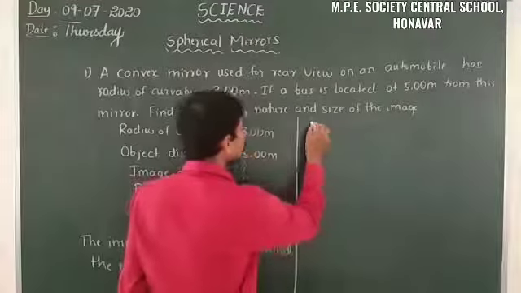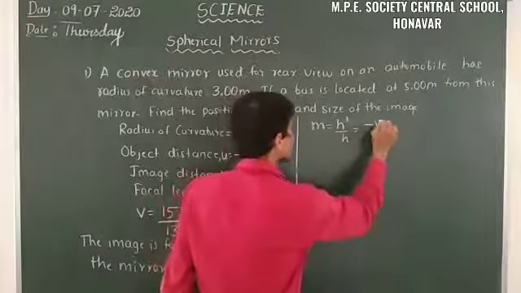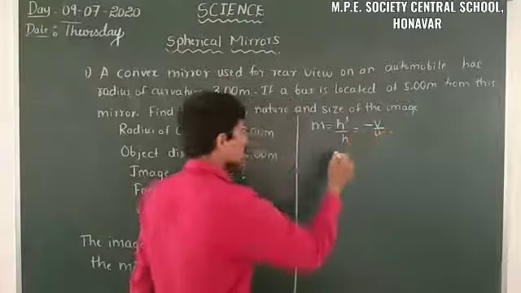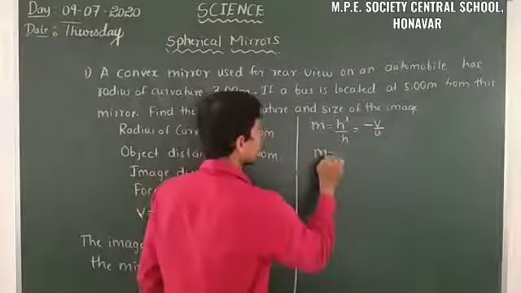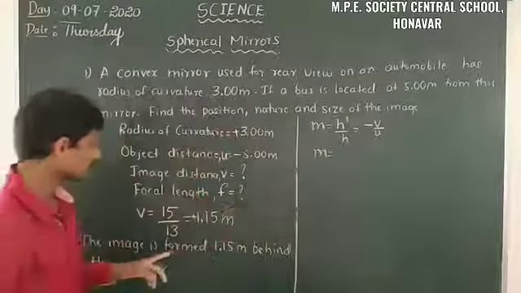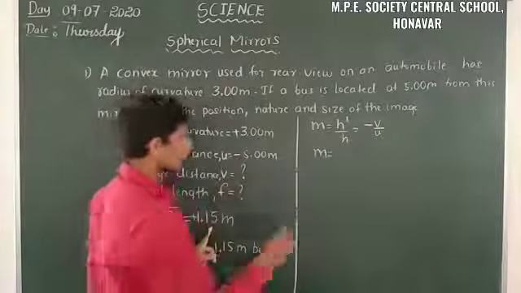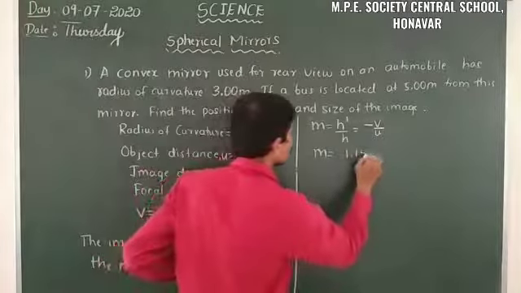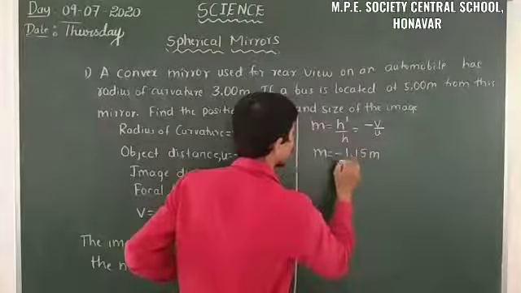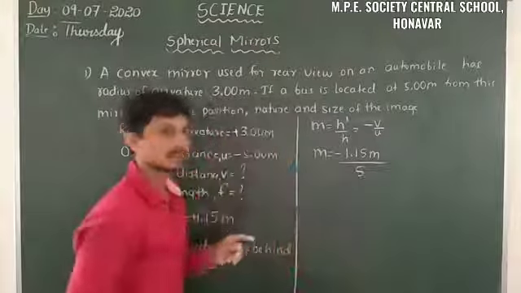So magnification, m is equal to h dash by h is equal to minus v by u here. So just insert the value of v and u. v is 1.15 meter, divided by u, which is minus 5 meter.